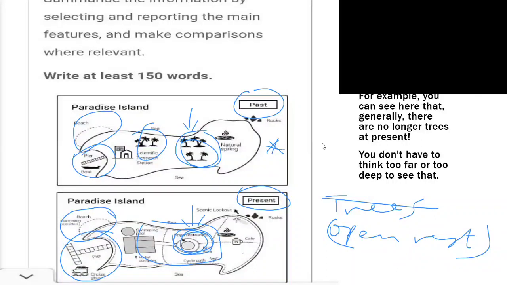Okay. And just a few things like that. These rocks on this corner, they seem to have maintained their position as well. Okay. The natural spring here seems to have been replaced by scenic looks and a lookout and cafe. Okay. So it's just looking at it.